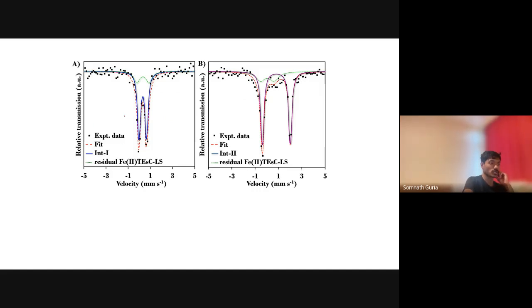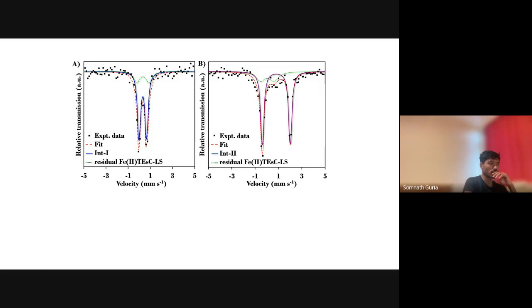Okay, so they recorded the intermediate over here. The dot one is the actual data, and the dashed red one is the fitted data.